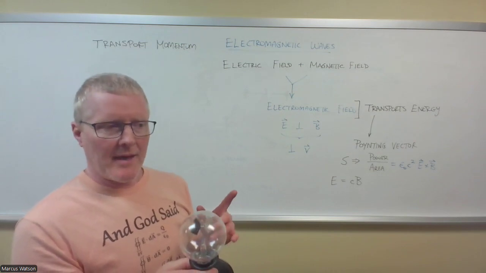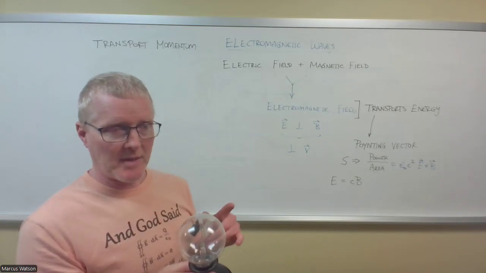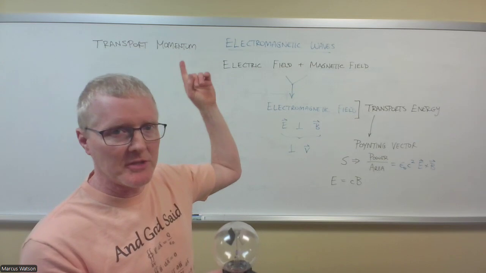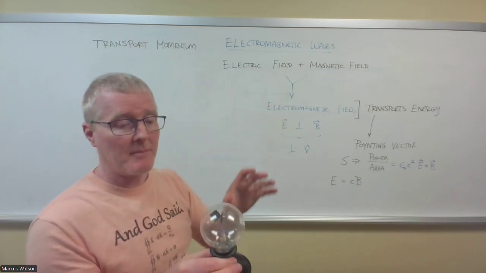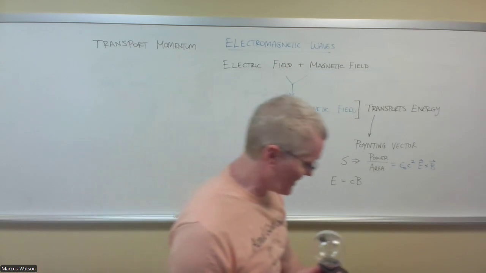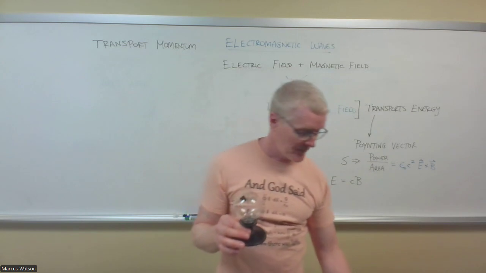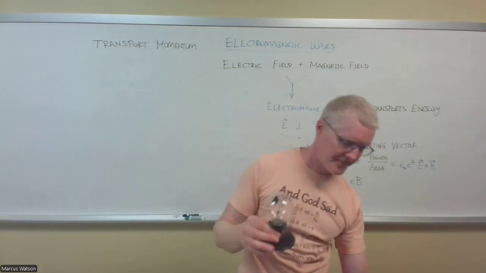I'm going to try and show you that when light hits a surface, it can be modeled as a collision, just like we have done in 4A with momentum. We can model a collision between the electromagnetic wave and the momentum it carries and this thing here. So take a look.